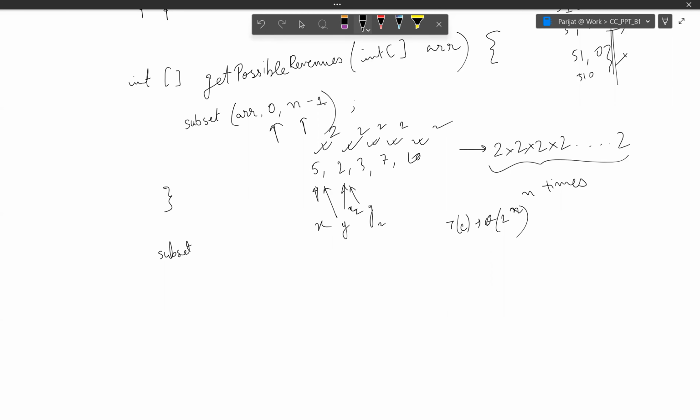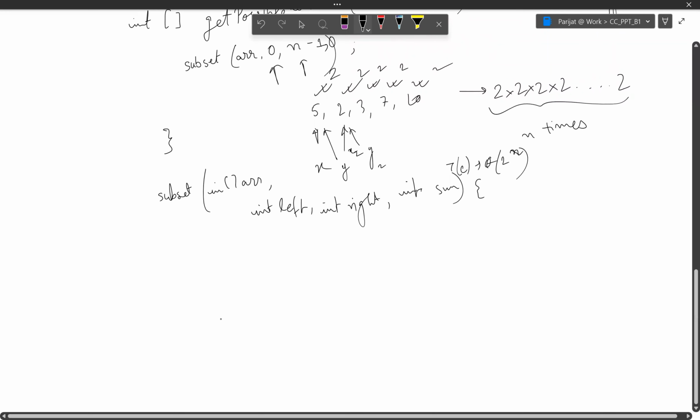Initially, obviously, the sum will also be 0. So this function will initially have the array, a left, a right, and a sum, right? For every left and right boundary, we will try to get a sum.